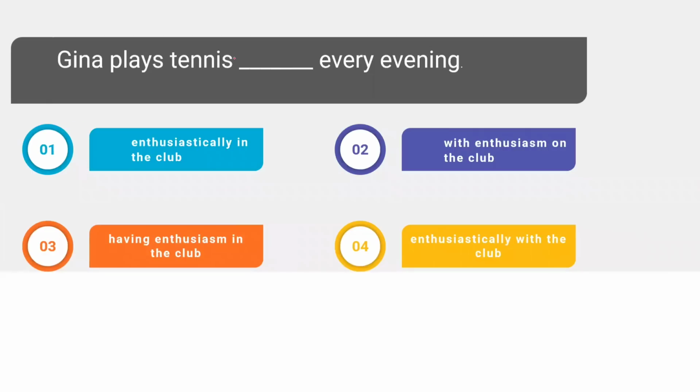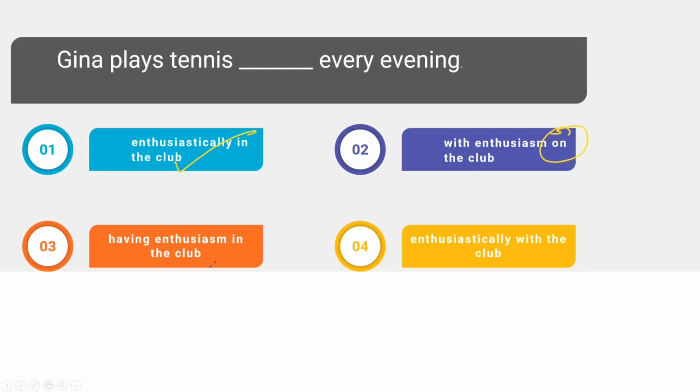Next one. Gina plays tennis. That's an easy question. Just merely by looking at it, you very easily settle with the option number 1, enthusiastically in the club, right? Whichever other option you choose, that's not having a grammatically right format. On the club is a wrong preposition.